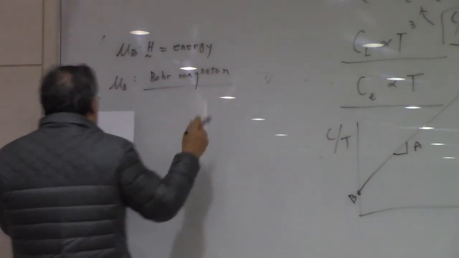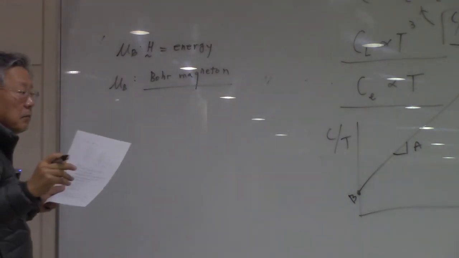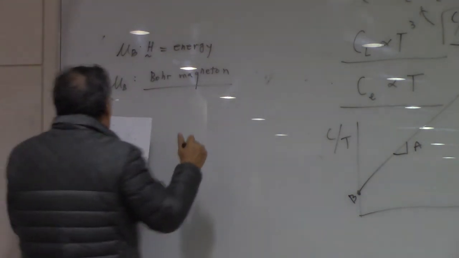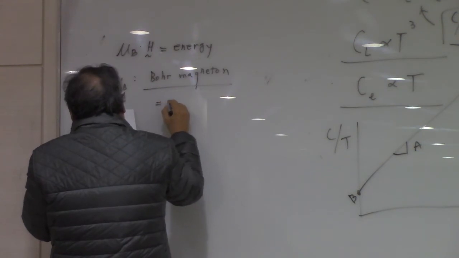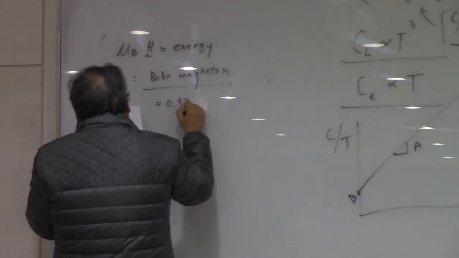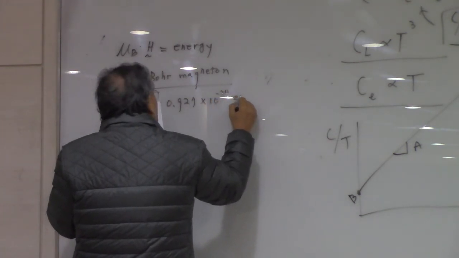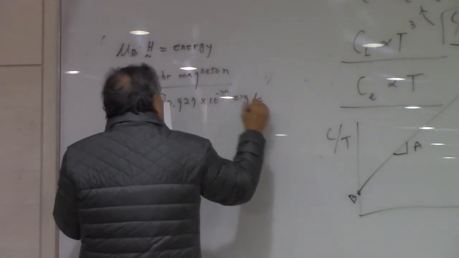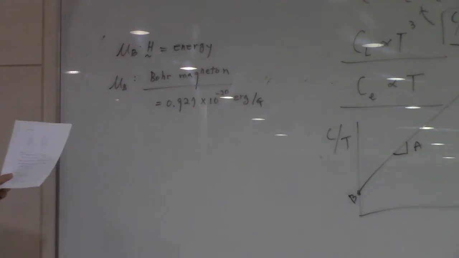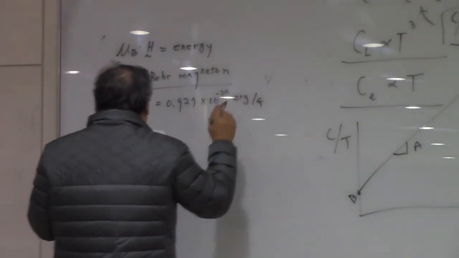Bohr magneton is the minimum unit of the magnetic moment, and that is 0.27 times 10 to the minus 20 erg, something like that, in Gaussian units.